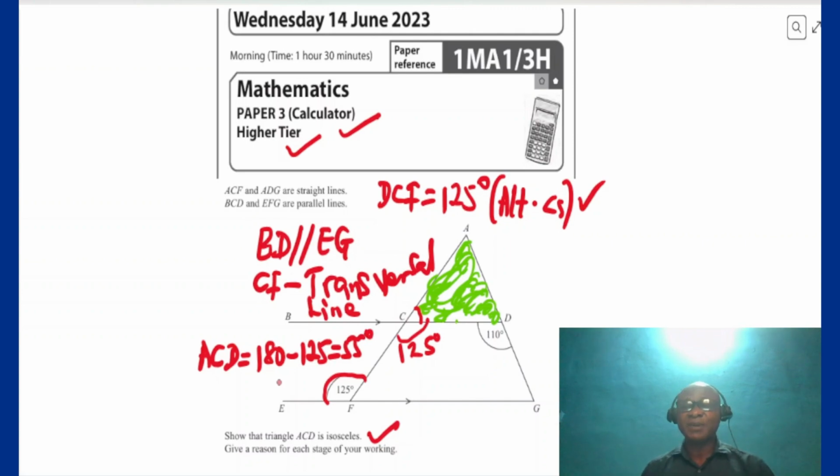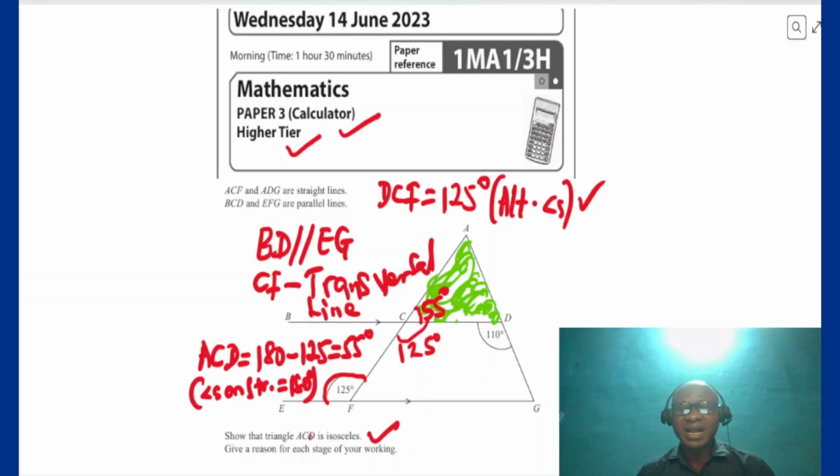How do I know that? Because of angles on a straight line. My reason is angles on a straight line sum up to 180 degrees. Therefore, if I subtract 125 from 180, this angle will be 55 degrees.